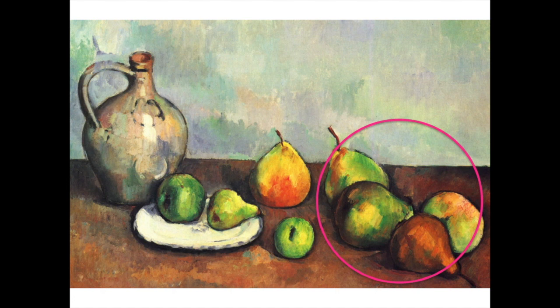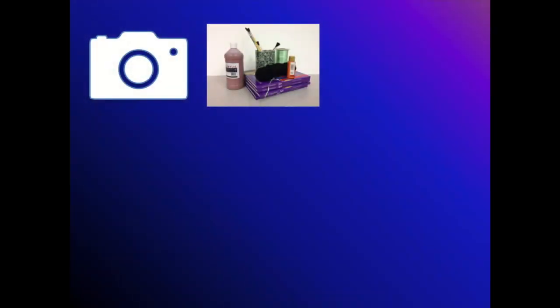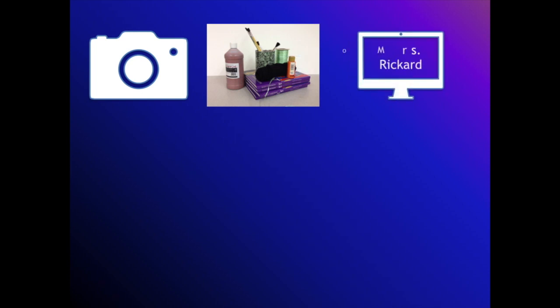All right, time for me to show you this assignment one more time. All right, so grab a camera, get permission from your family first. So you take that camera and I want you to take a picture of the still life you make at home using objects from around your house. Then turn it in to Miss Rickard. That would be me.